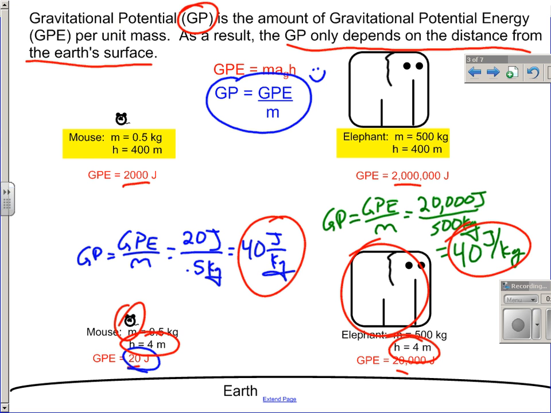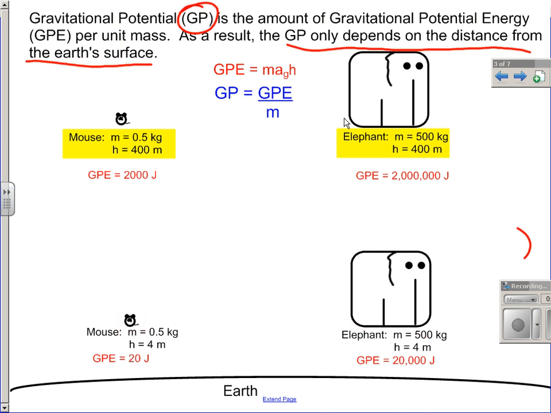Okay? So, now let's take a look at the mouse and the elephant that are higher up. Let me clean up the board here. Okay, so here what we figured out was the gravitational potential of this mouse was 40 joules per kilogram.